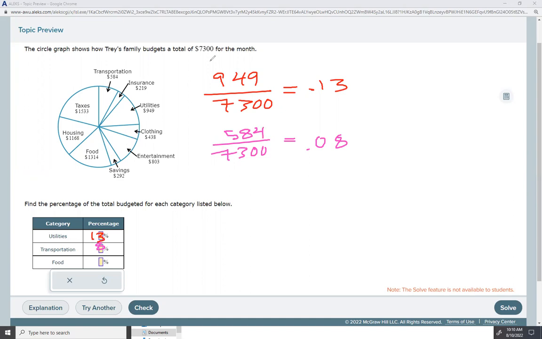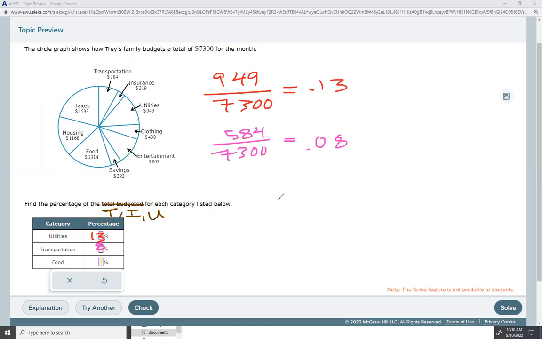Now, just to give you a little more information about percents. What if it said, find the percentage of utilities, instead of out of the total budget, what if it was out of transportation, insurance, and utilities? What percent do we spend on utilities out of those?